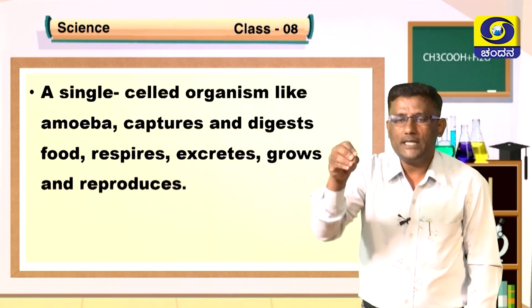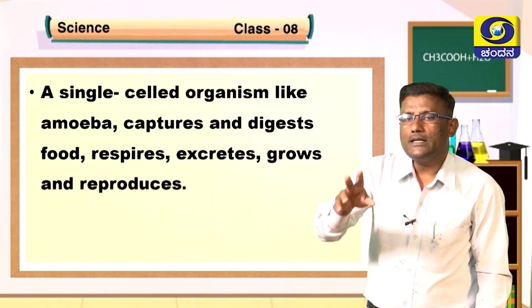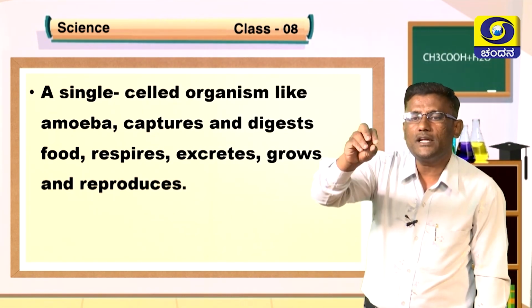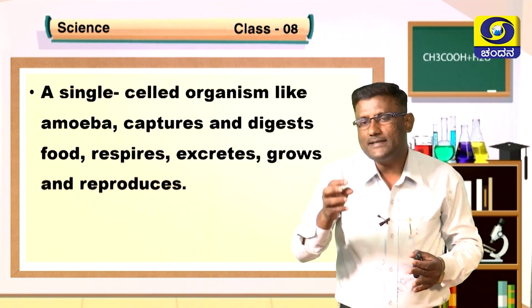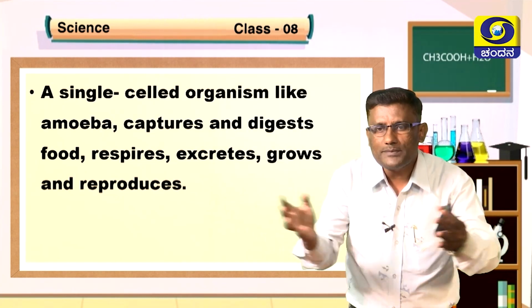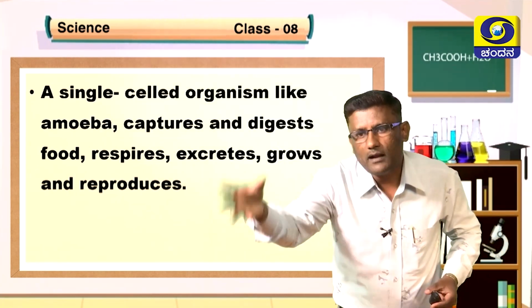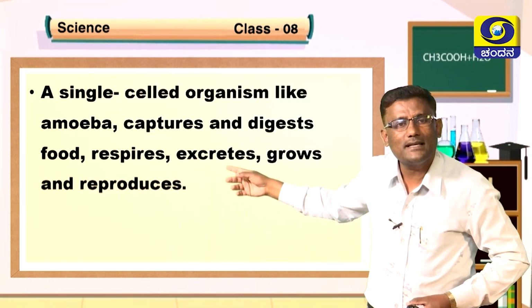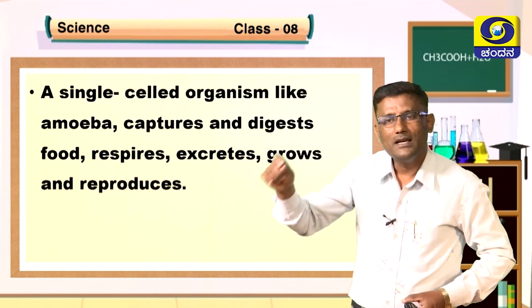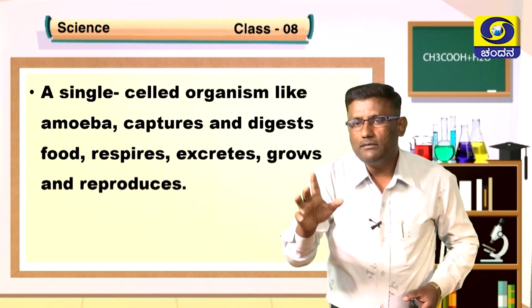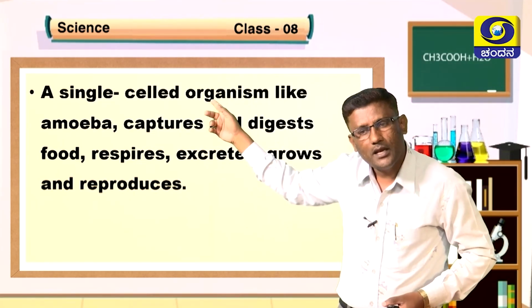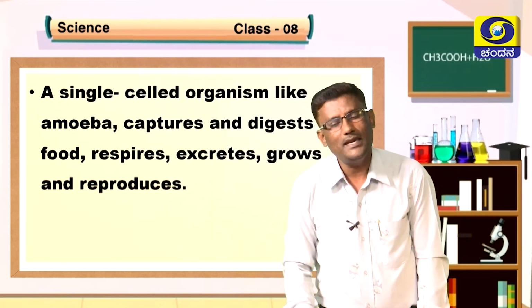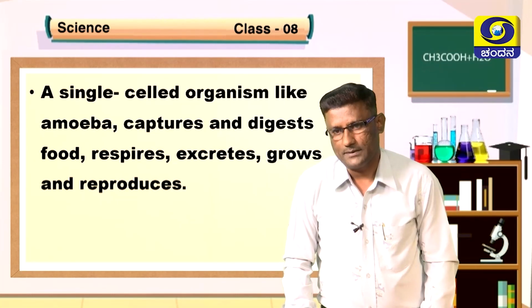What I want to say is, in multicellular organisms, groups of cells come together and perform functions, whereas in a unicellular organism, that single cell performs almost all the necessary functions you observe in multicellular organisms.